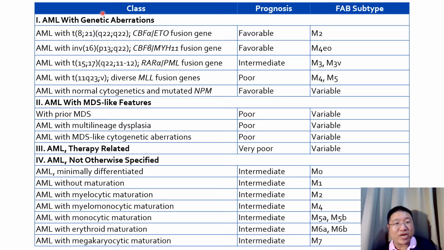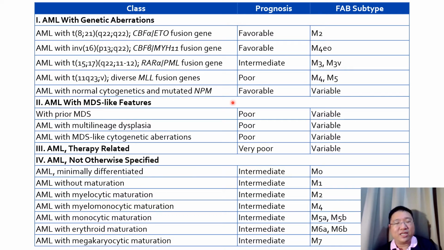But the new classification will group AML with specific genetic aberrations into group 1, AML with genetic aberrations, including t(8;21), and this one, M3, is also included here as well.